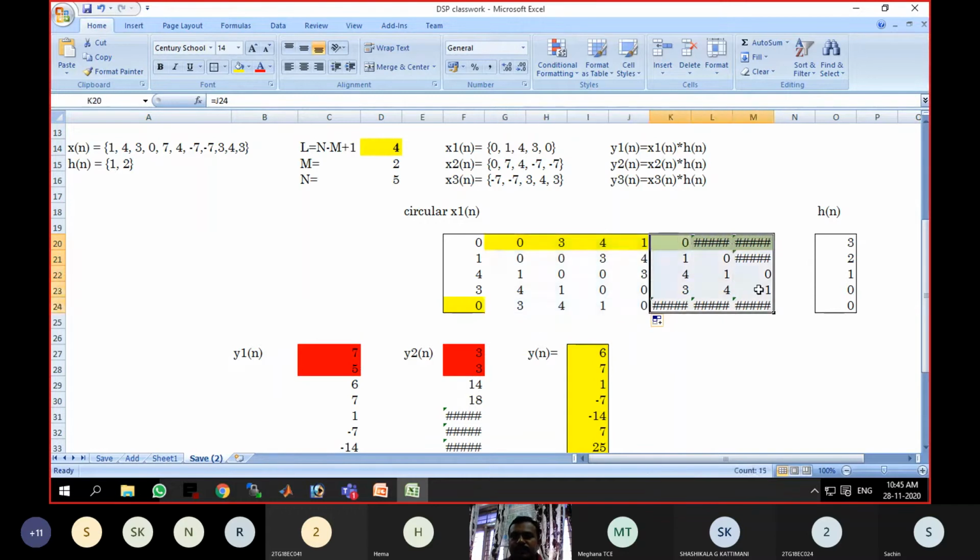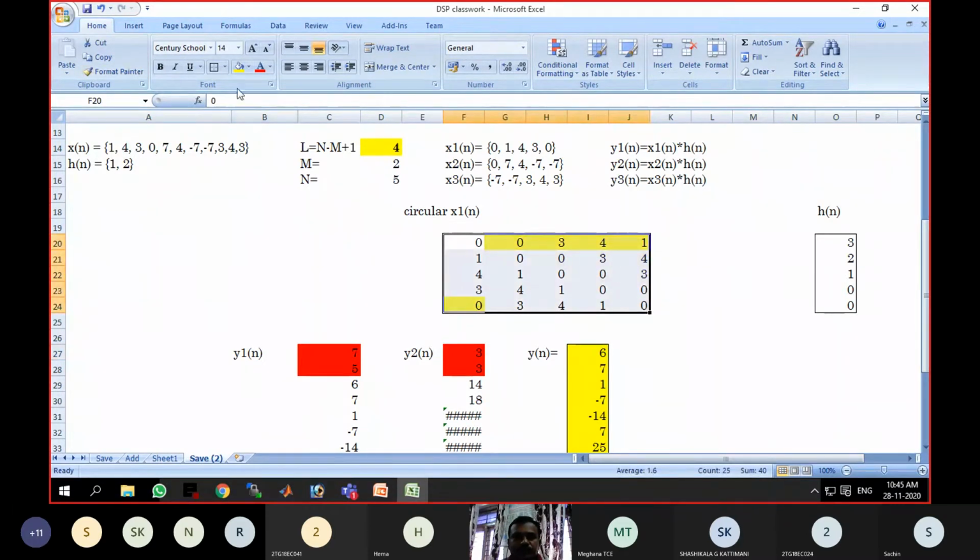Okay. Neglect all these values. So this is the calculation what we have done.